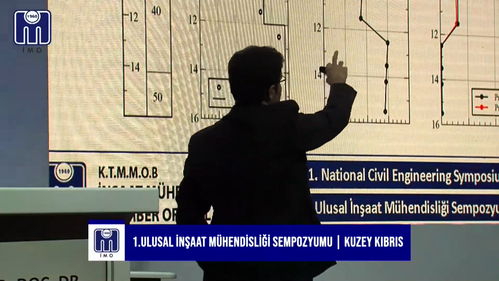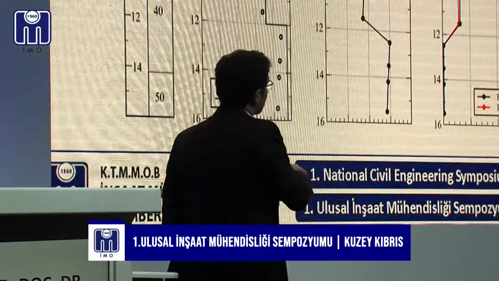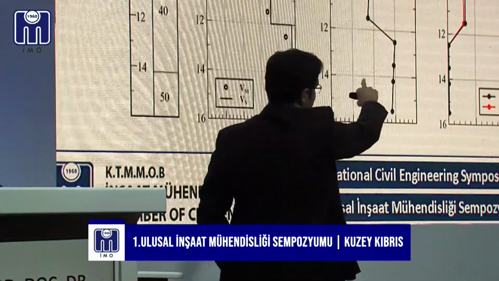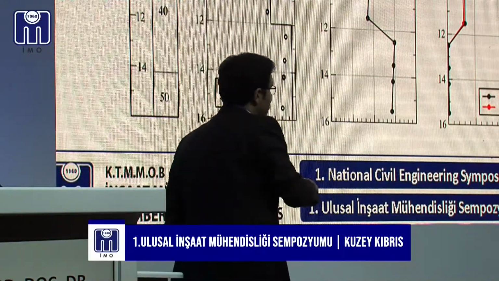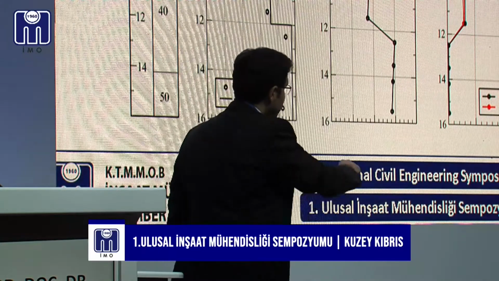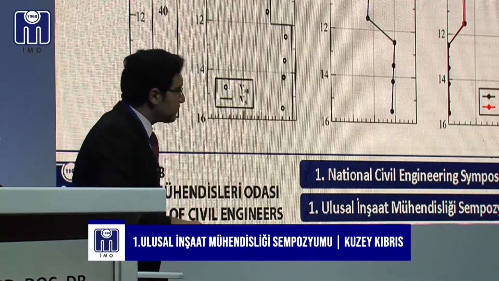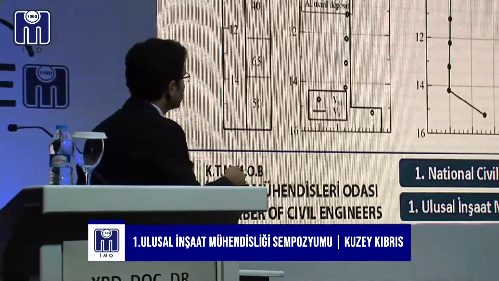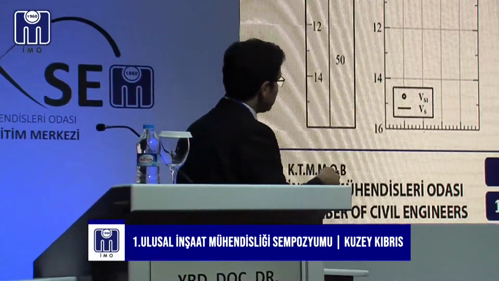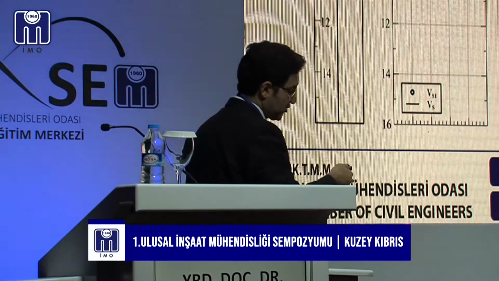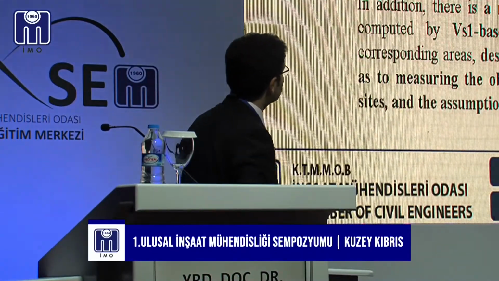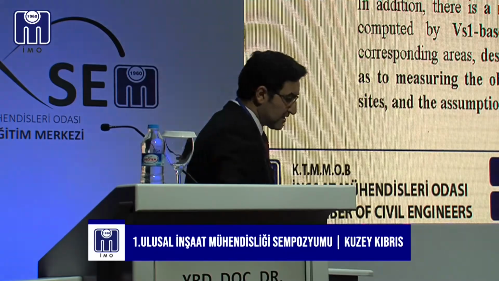The settlement is greater than 40 centimeters. The settlement is calculated by Ishihara et al. 2016, and the observed settlement is between 20 centimeters and 50 centimeters. The other things, as you can see, I don't want to take much time on. It's an important thing, as you can see here.